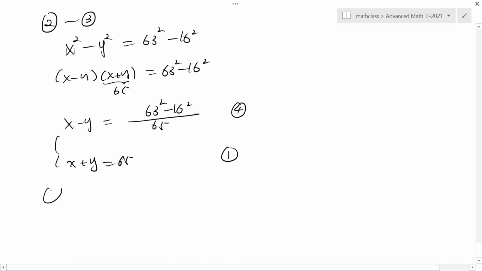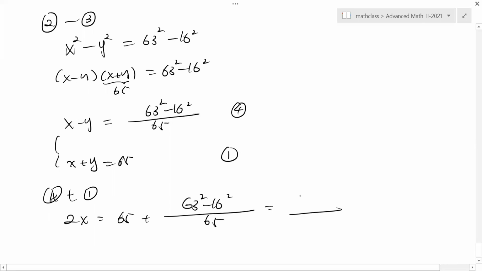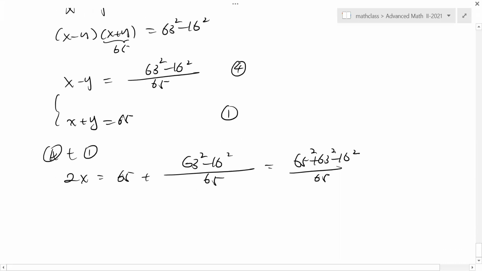All right, add them together. Equation 4 plus equation 1, you get 2X equals 65 plus (65 squared plus 63 squared minus 16 squared) over 65. It's a weird number, right?